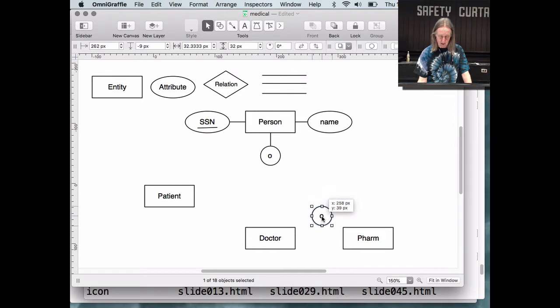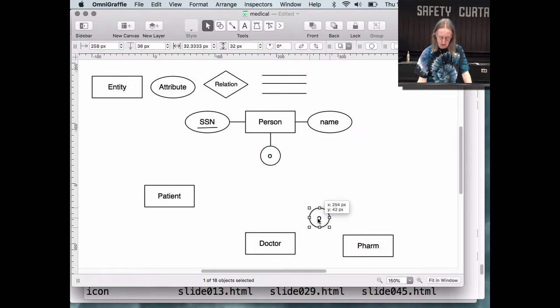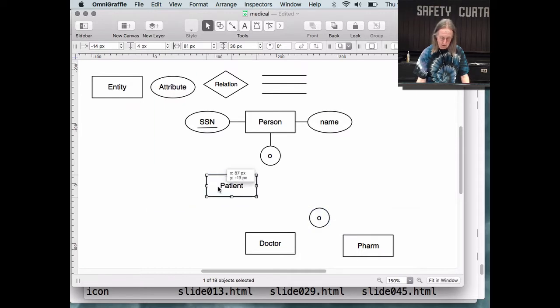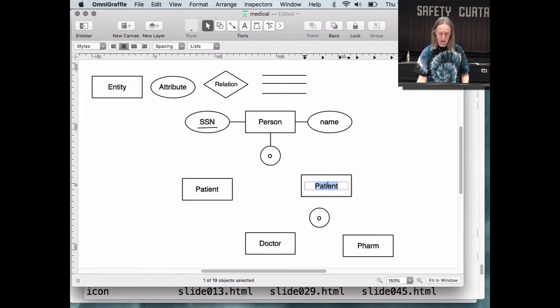Oh, but we can't do it directly like that. So we can have patients, and we can have, I don't know, medical professionals.